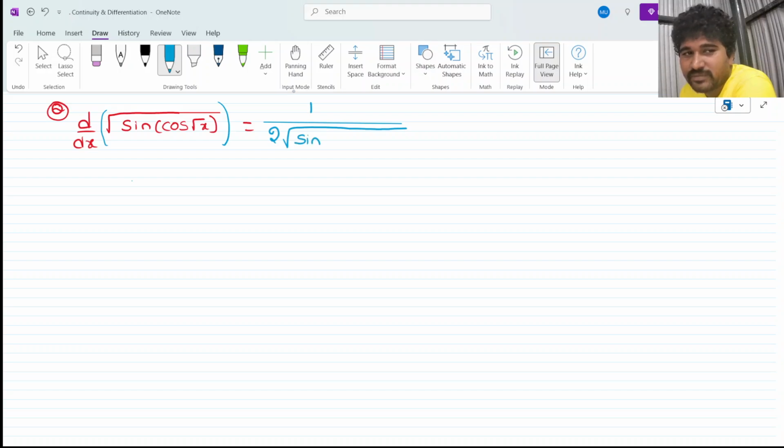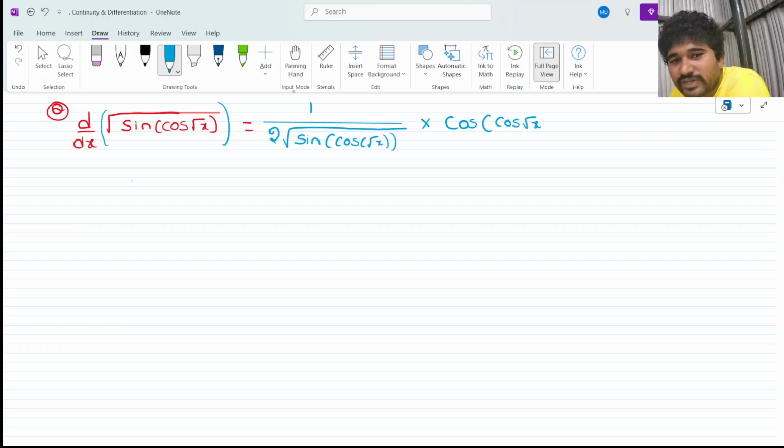Sine cos root x. Is that clear for everybody? What I have to do next? Tell me differentiation of inside. Who is there inside? Sine of something. So what is its differentiation? Cos of something. Who is that something?